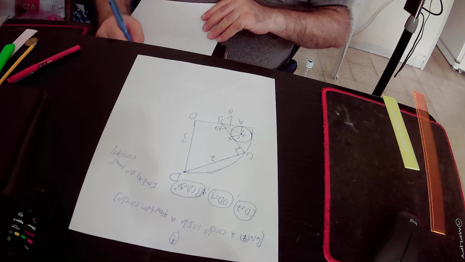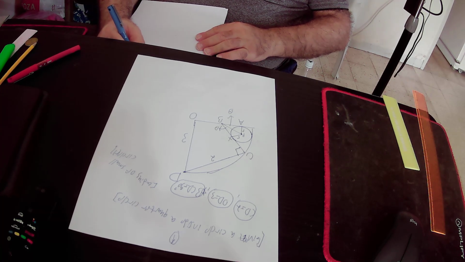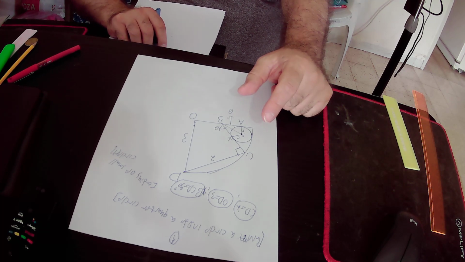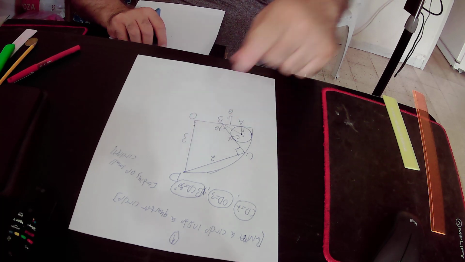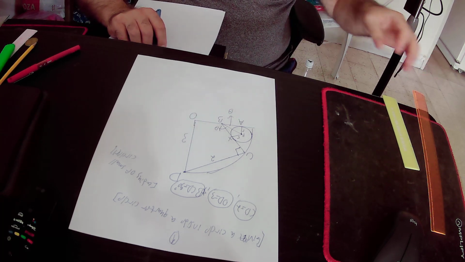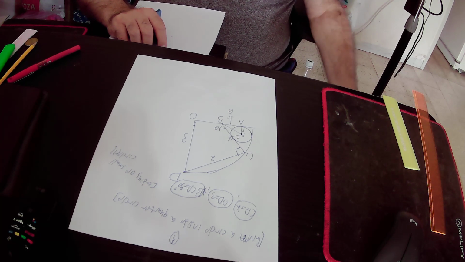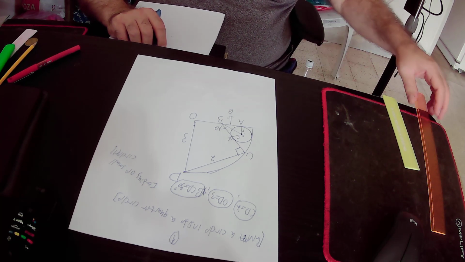In the next step, we will extend line segment CB and line segment DO until they intersect, until they touch each other.